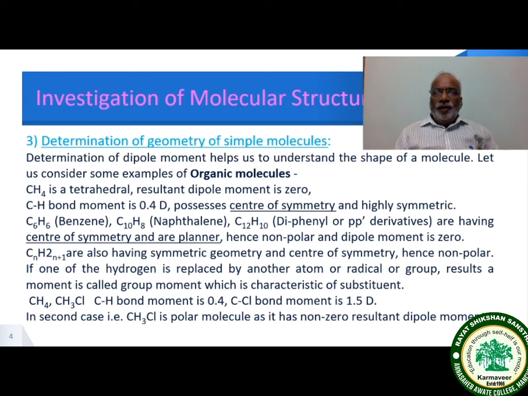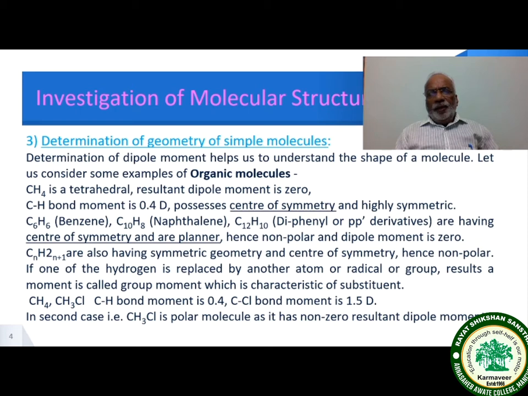Hence these molecules are non-polar in nature and dipole moment is 0. So the molecules having dipole moment 0 either have center of symmetry along with the planar structure.